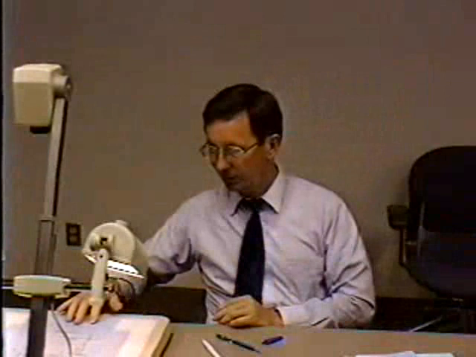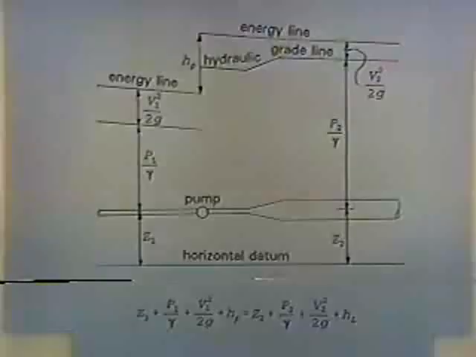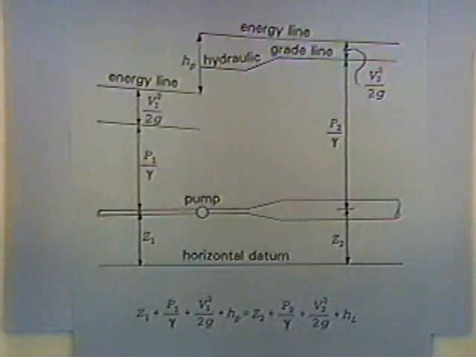And again, we're playing with the energy diagram. We've got the pump in place now, and notice what the pump does. It just lifts up the energy line and the hydraulic grade line, and so we add the term there. So we've got Z1 elevation. Section 1 is upstream. Section 2 is downstream.